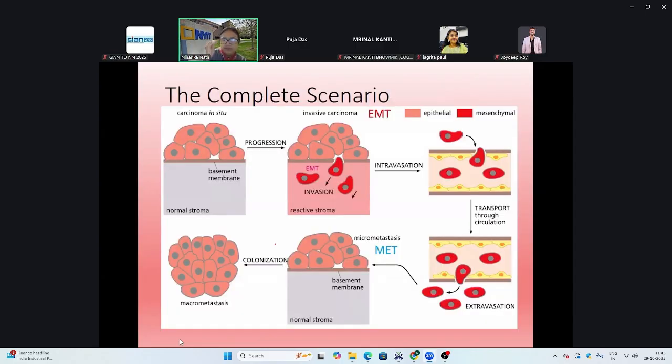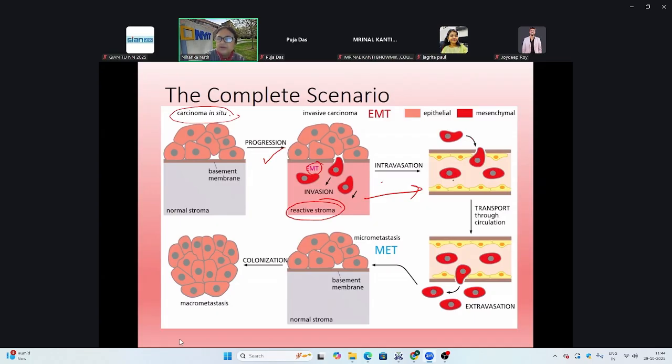All right, so the complete scenario is here. This is the complete picture. There is carcinoma in situ, and progression. And then some of them change into EMT, they change their shape, etc. They invade, and the stroma is also helping them to do all of that, reactive stroma.